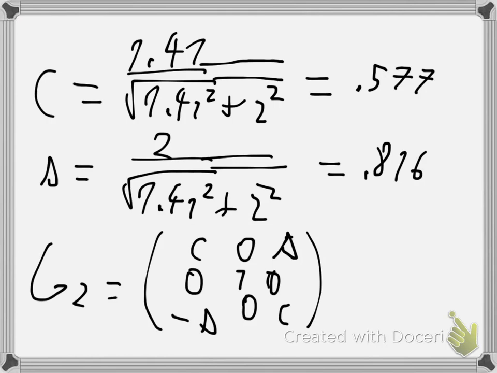You have to look that the ones are always on the diagonal, okay, and that they don't, let's say, interfere with the cosine and sine, okay.